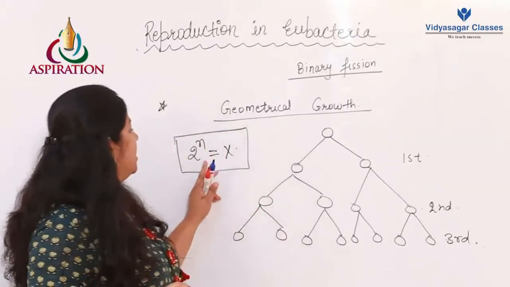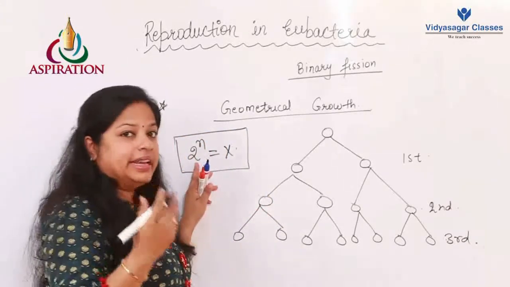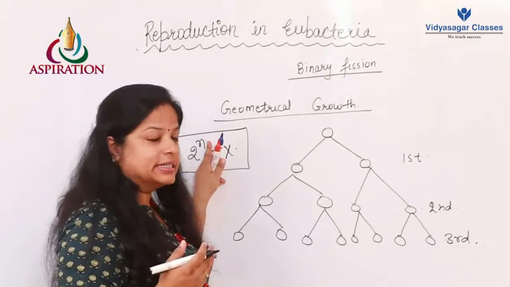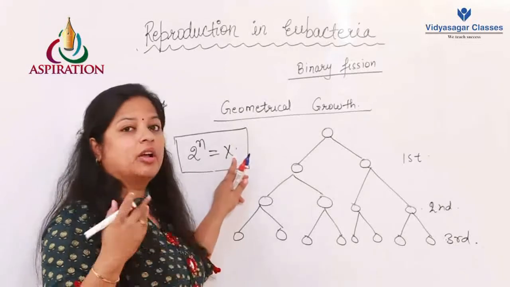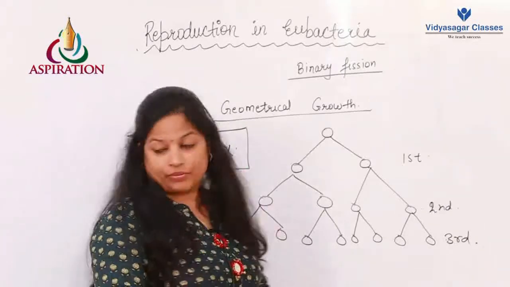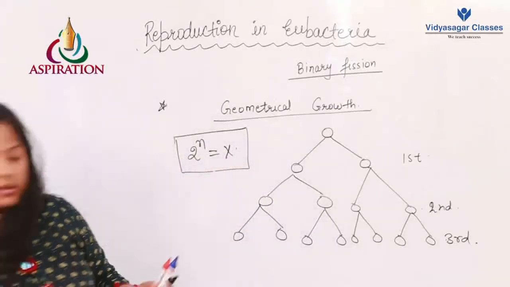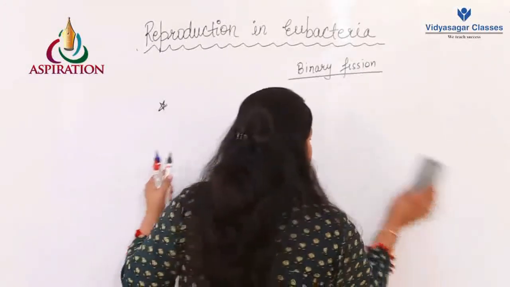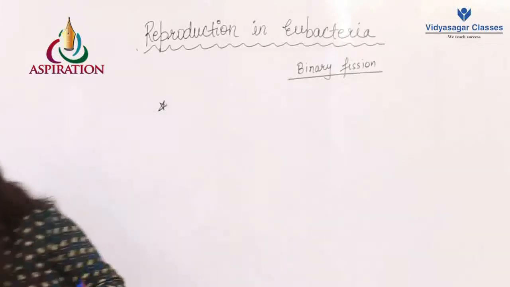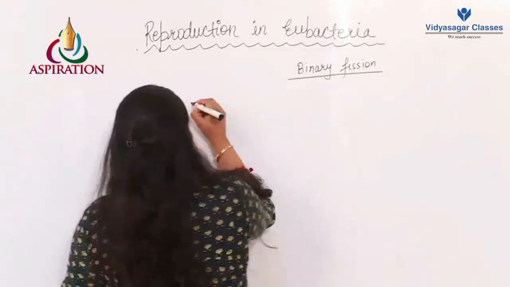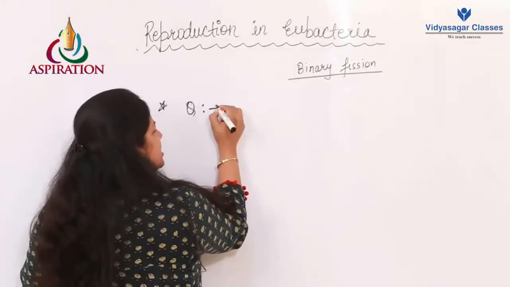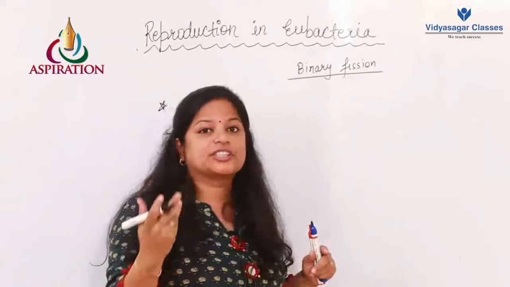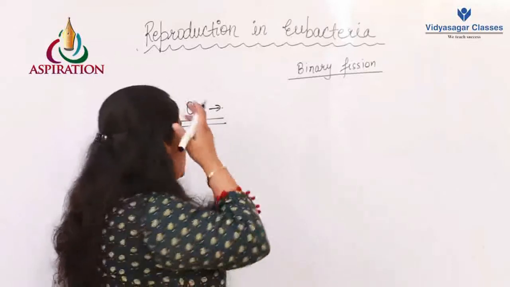It means the bacteria needs to divide for n number of generations to get x number of bacteria. Now try solving one question that is often asked in competitive examinations.